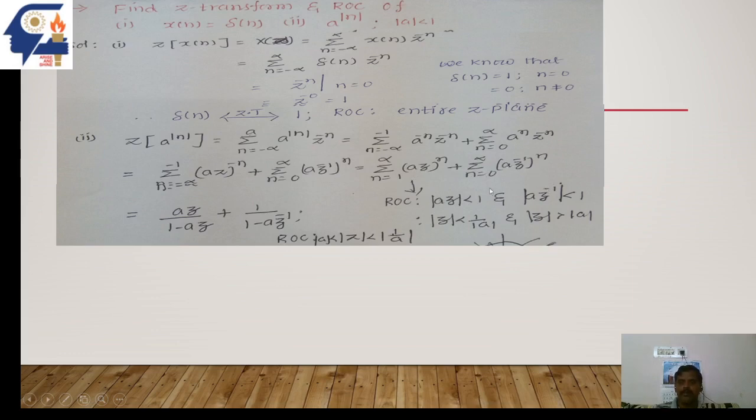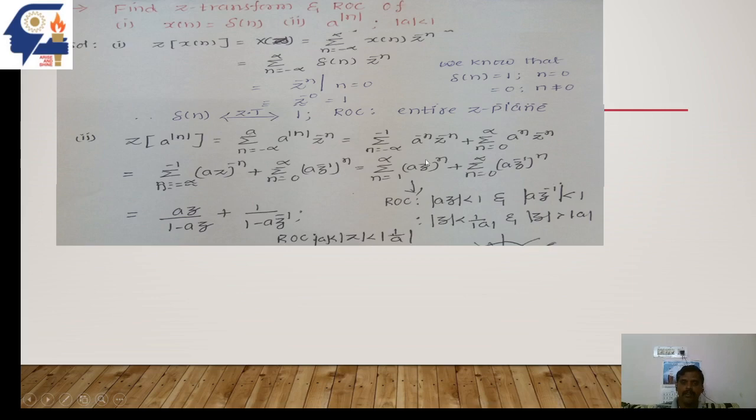Because of the plus symbol, I am using the intersection. Send this Z to the right side, then mod Z less than 1 by mod A, and for the other one you will get mod Z greater than mod A. But in the problem itself they gave mod A less than 1. Now the combined ROC is mod Z greater than mod A and mod Z less than 1 by mod A.